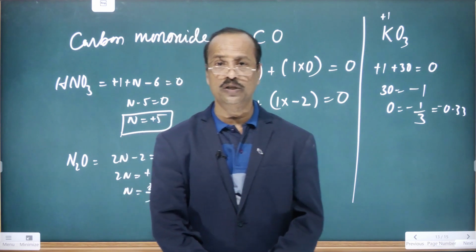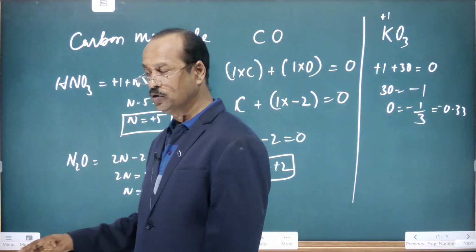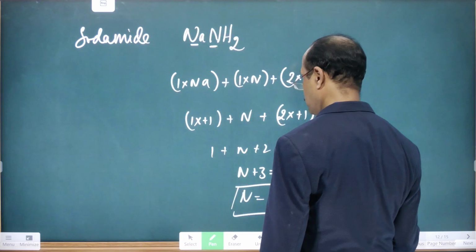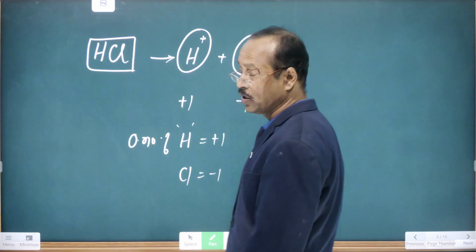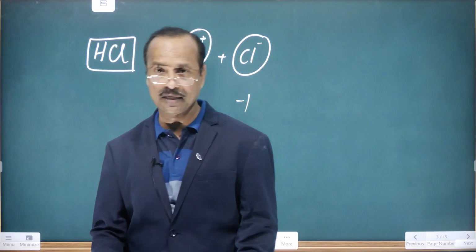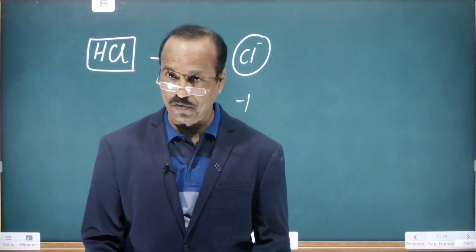So with this we stop, and practice all these oxidation numbers. So many rules are there, so follow the rules, and I have given a number of examples in this class. You have to practice all these examples, and some other examples also, to be perfect.